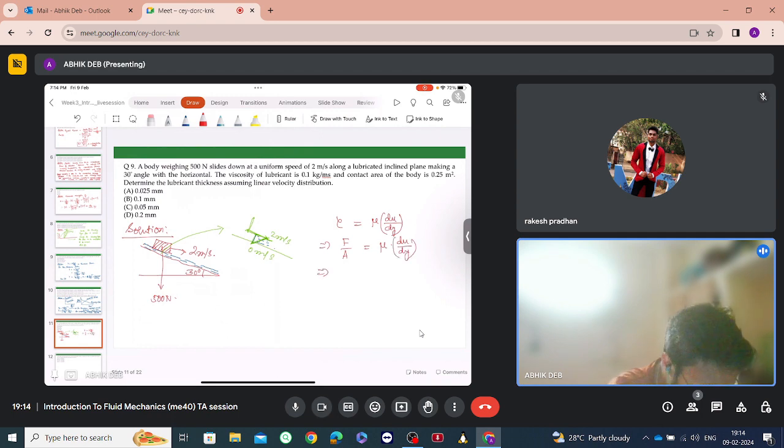What is the force here? The force of 500 newtons is not totally responsible. A component of this is. This is one component and this is another component.